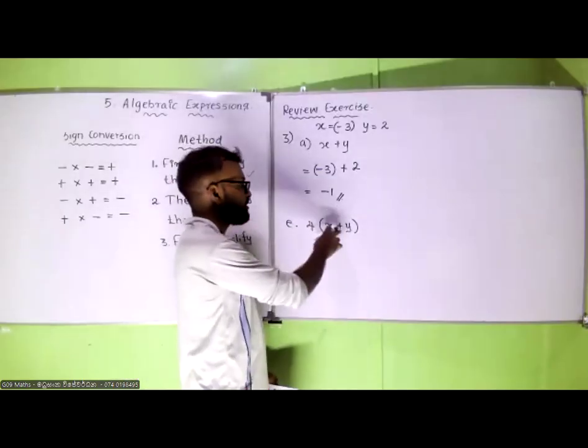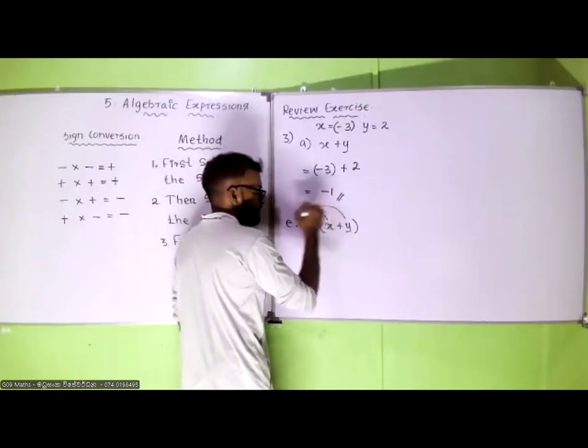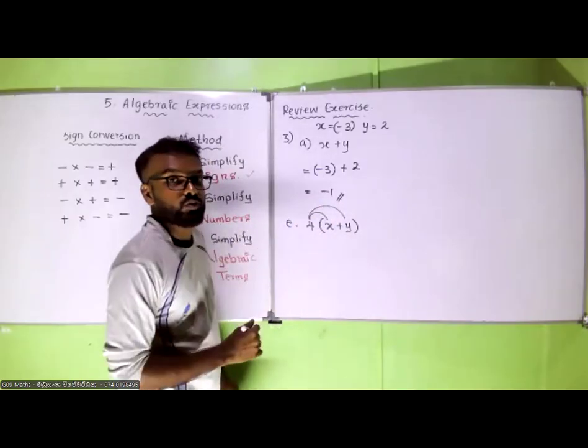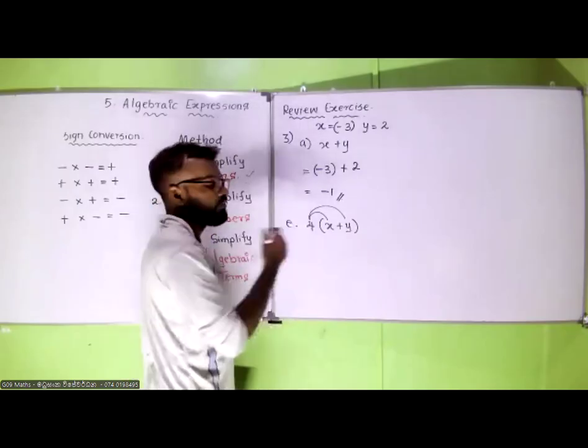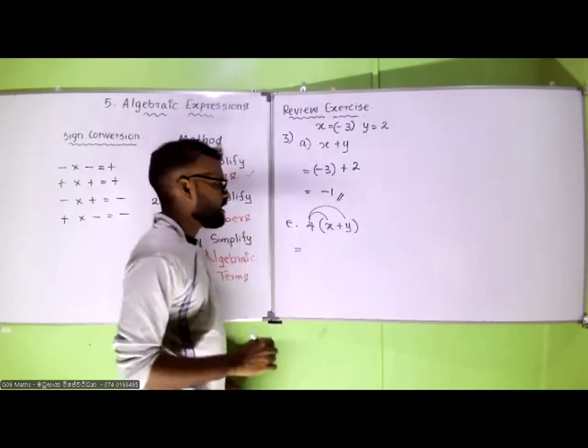I will simplify the expression first. I will simplify the brackets first. Then finally I will substitute. If you want, you can do the other way as well. But I am doing it with a purpose.